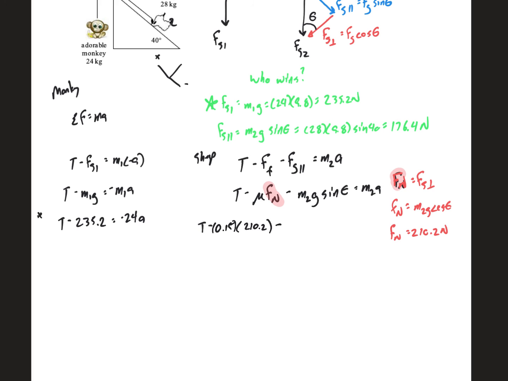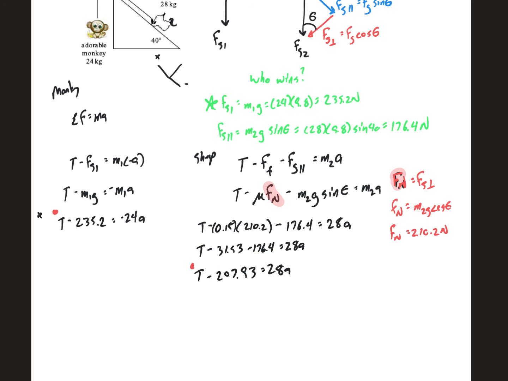My M2G sine theta would be 176.4 from above in the green here, equals the second mass, which is 28 kilograms times his acceleration. Cleaning this up a little bit, we get tension minus 207.93 equals 28A.